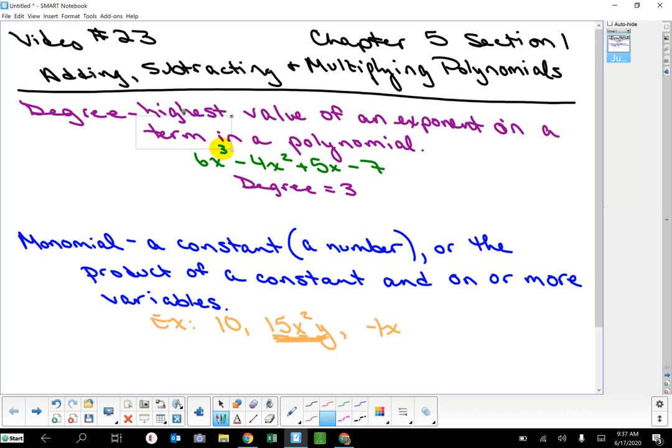So let's talk about degrees on these. What would be the degree of the 15x squared y? That's a little bit of a trick question, to be honest with you. This term has two variables. If you have two variables, the degree is the sum of all exponents in a term.